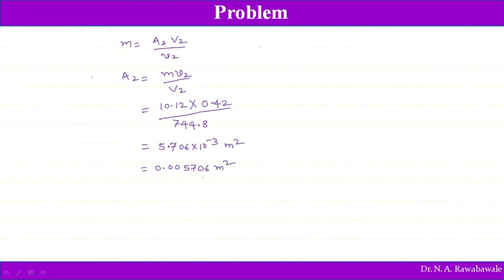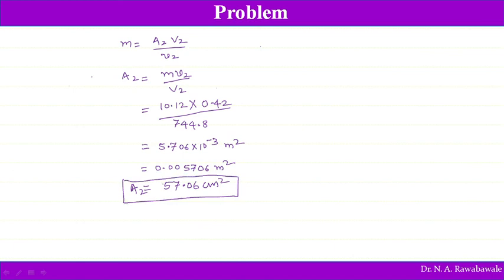If we want to convert it into centimeter square, multiplying by 10 to the power of 4, this will be 57.06 centimeter square. This is area at exit.